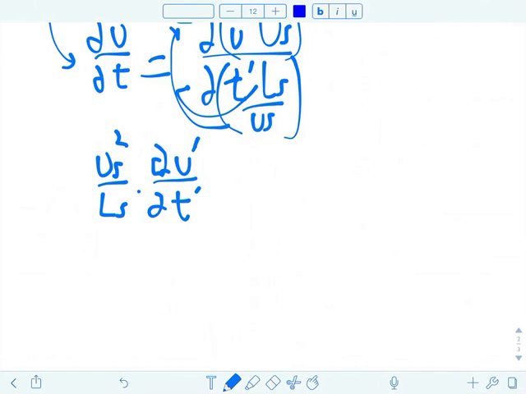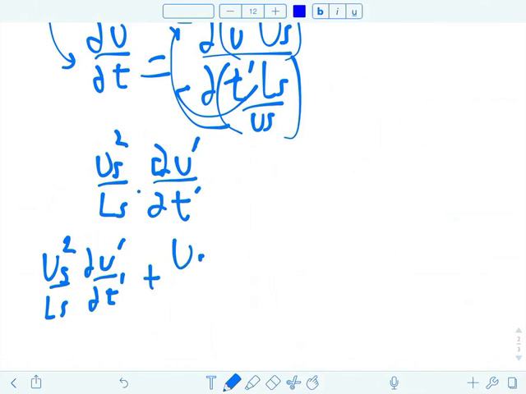If I keep going through this process with the advection term, with the pressure term, with the viscosity term, I'm going to end up with an equation that looks something like this. I'm going to maybe run out of space, but I'll try to. I'll have U_S squared over L_S times partial U prime, partial T prime, plus U_S squared over L_S, it works out to be the same constant out front, times U prime, partial U prime, partial X prime.